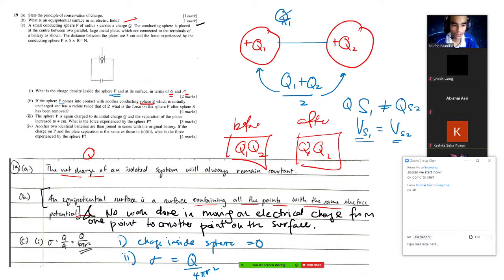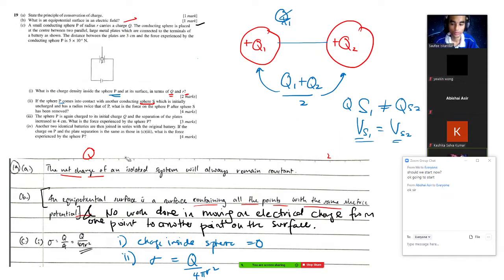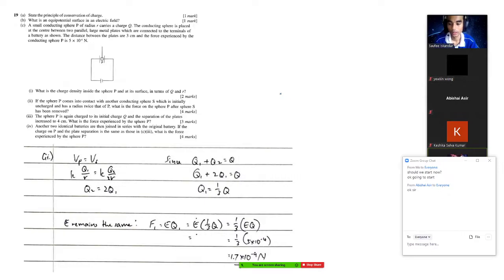Now from VS1 equals to VS2, I have to remove all this writing over here. Okay, so VP equals to VS. This is a good start.